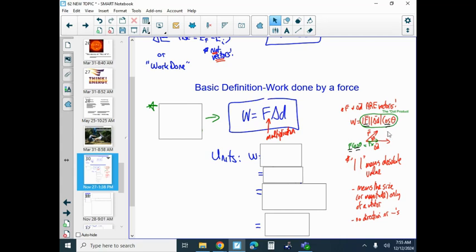And you'll see why I'll show you right now, but if you're applying a force at an angle, there's a component of that force in the direction that it goes. We know this from our previous unit, right? And so if you have the x component of the force times the x displacement, then you get the work done.